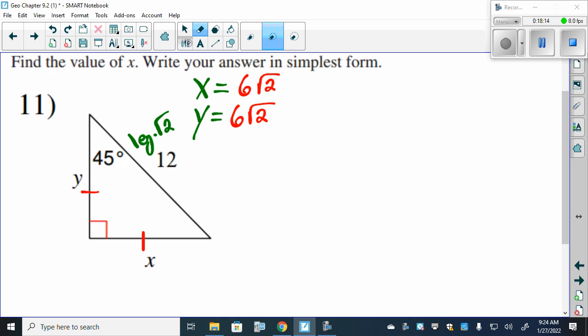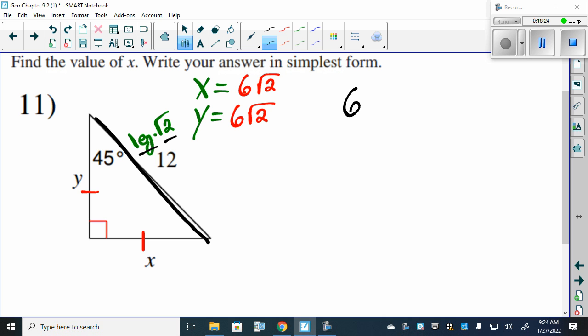Well, and again, we said the hypotenuse is what? The leg times the square root of 2, yes? So we're saying that the leg's length is 6 square root of 2 times the square root of 2, yes? Leg times square root of 2. Well, if we do this, we have the square root of 2 times the square root of 2, which is what?